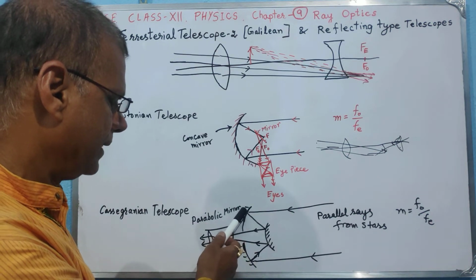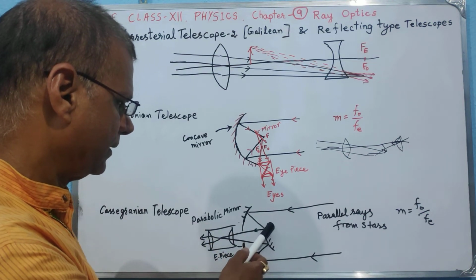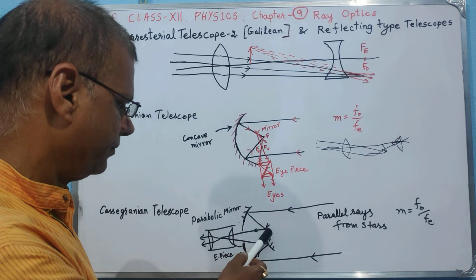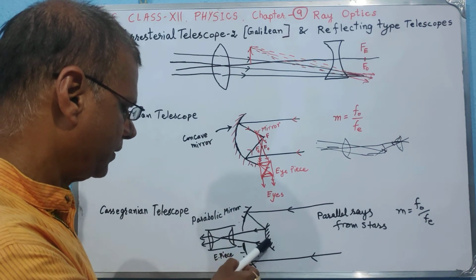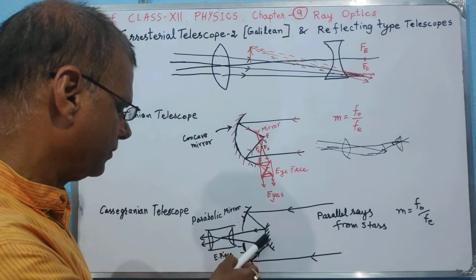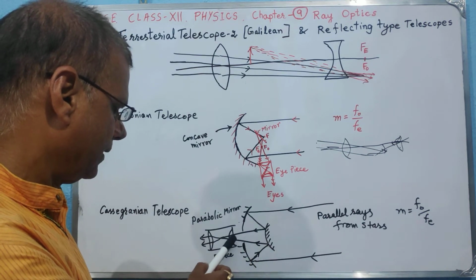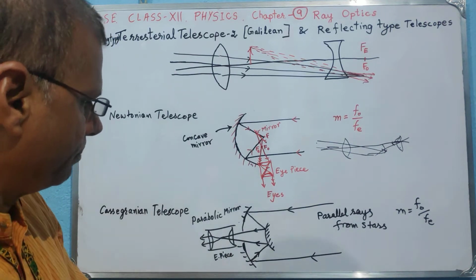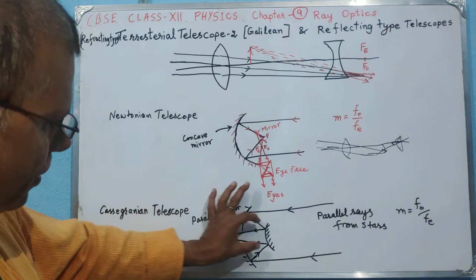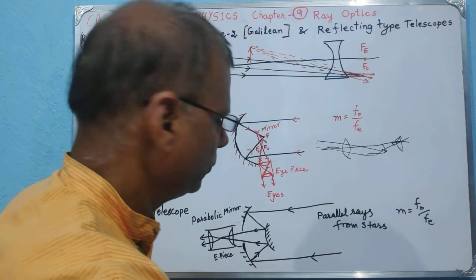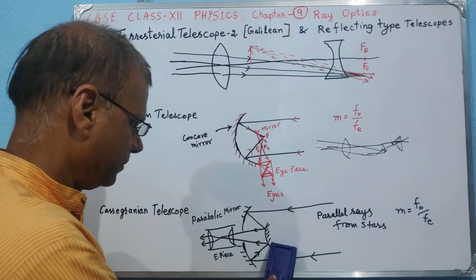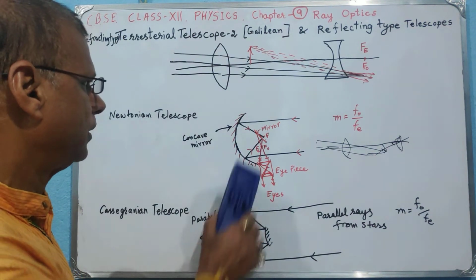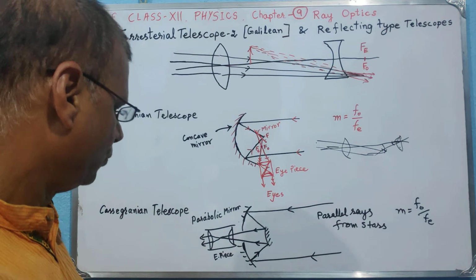When the light rays were about to converge somewhere, a convex mirror was placed there, which diverted the light rays in this direction and forced them to pass through the eyepiece, where they again become parallel. The obstruction is of course reduced, because the convex mirror needs less area to do the same job that the plane mirror was doing.